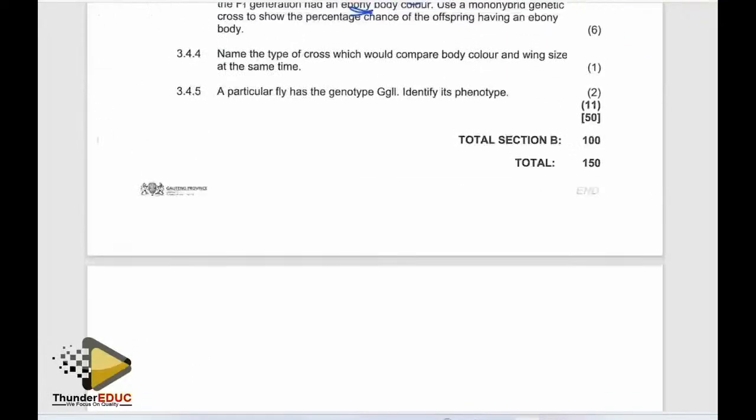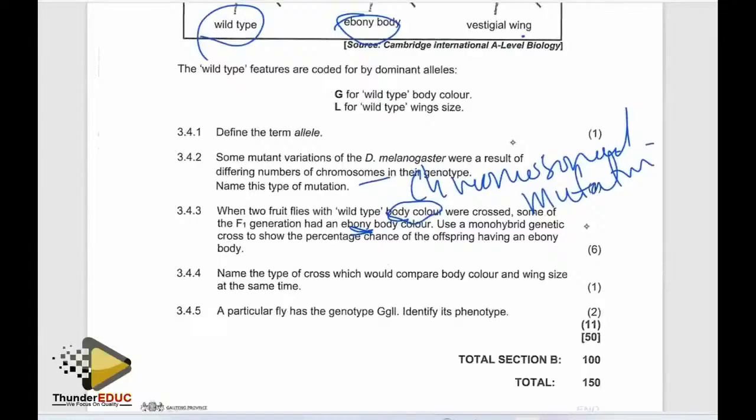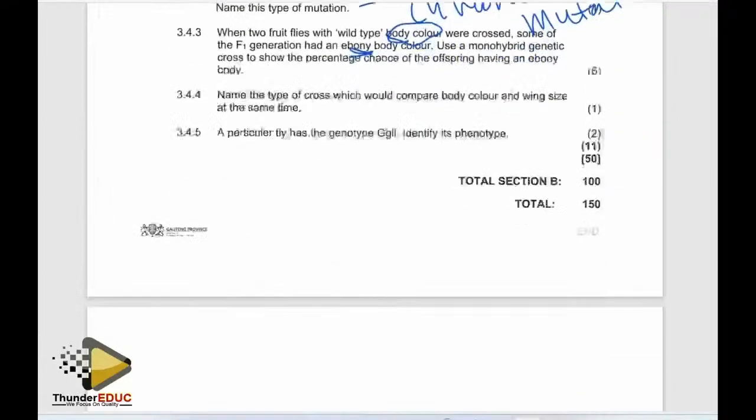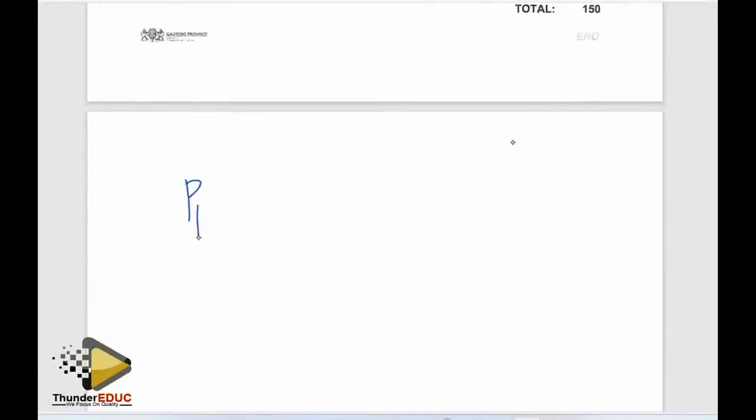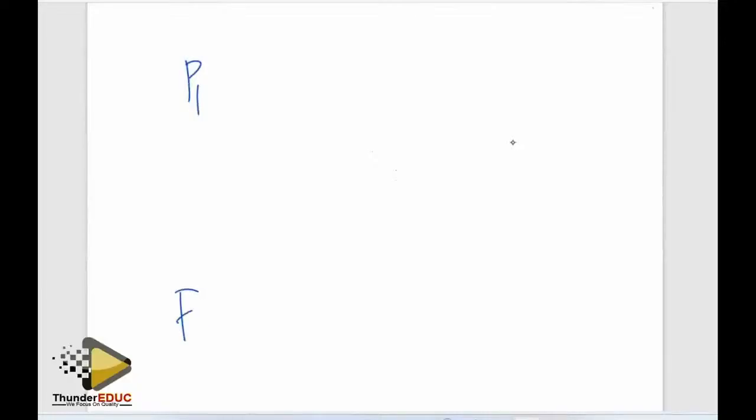In this case, guys, you have to do the P1, because they said some of the F1 generation had ebony. So it's P1, F1, and we give you a mark for that. Then you say phenotype.